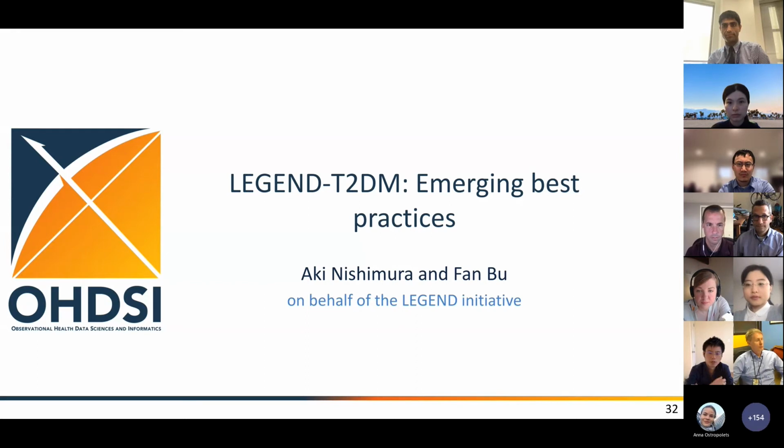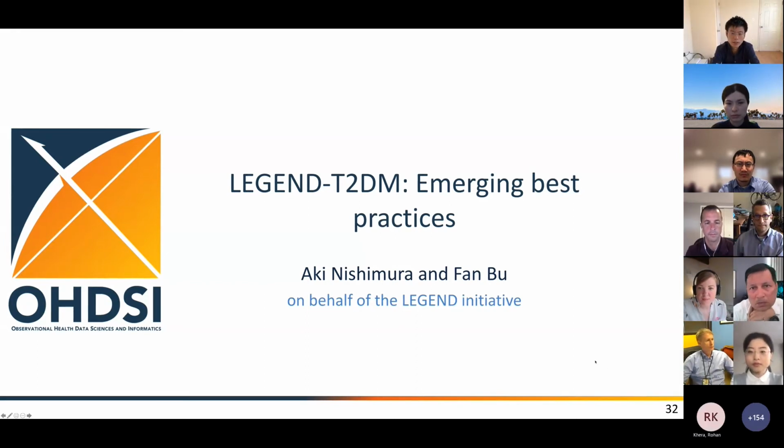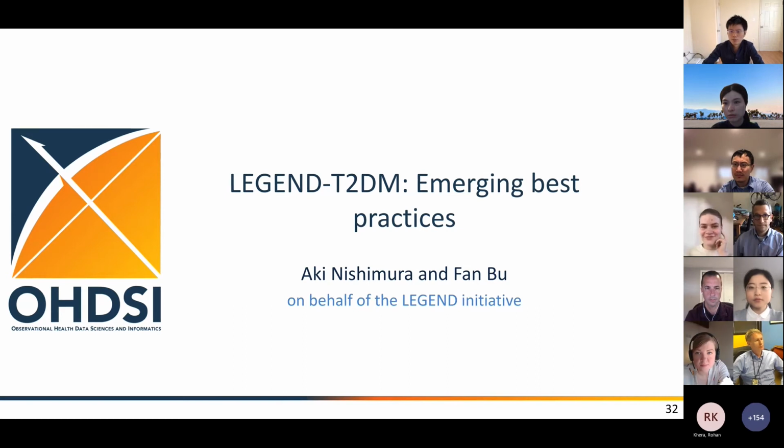As it should be clear to the audience by now, LEGEND is real-world data analytics at an unprecedented scale. As such, it often reveals some of the shortcomings of the existing statistical techniques.